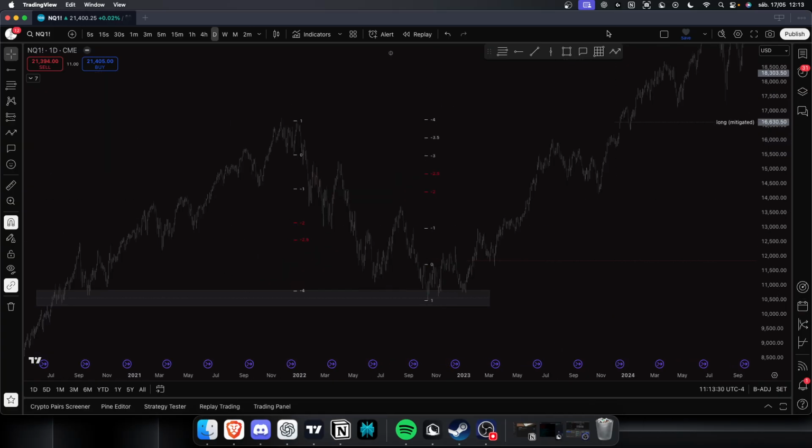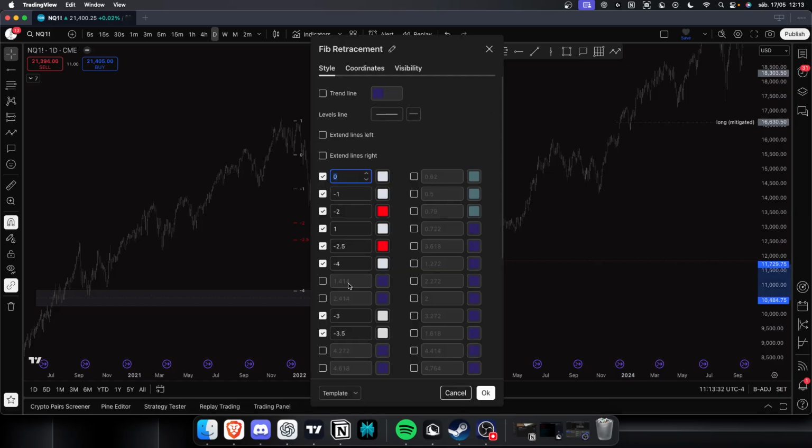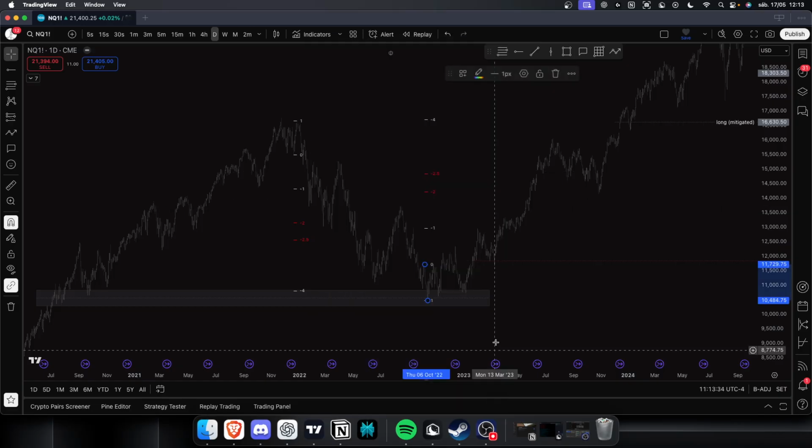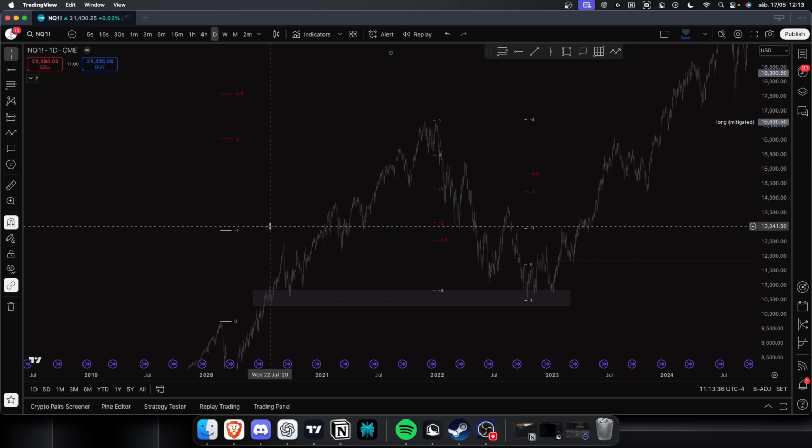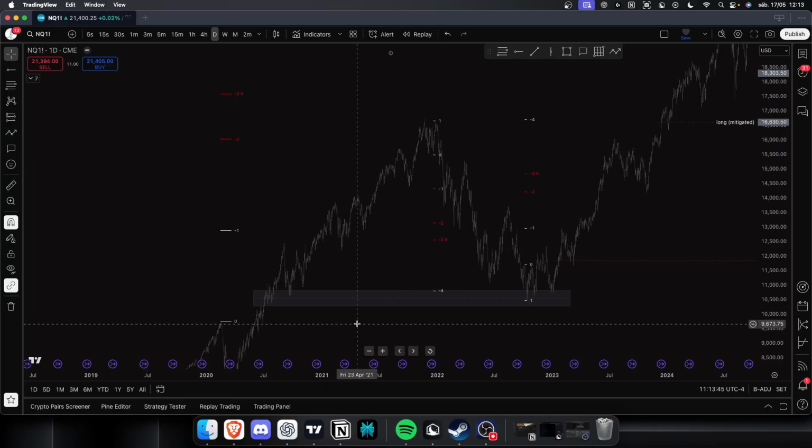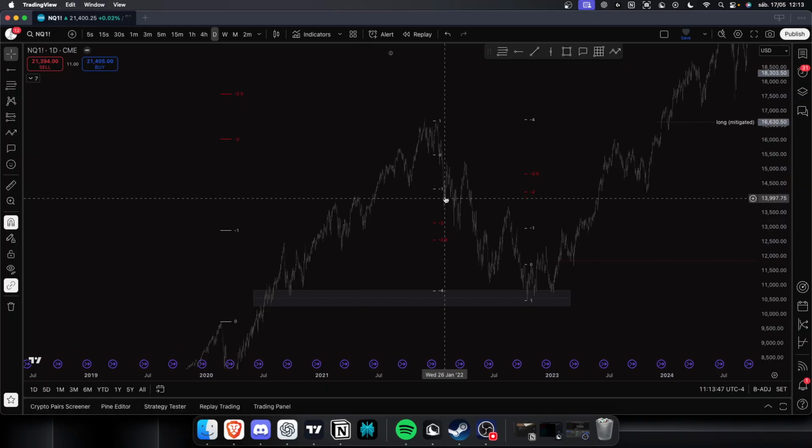Now this is fractal. You can apply it however you want, but as you can see, this is pretty accurate, in a sense that it gives you pretty good reasoning behind what price is doing, gives you pretty good targets. You know more or less what to expect.